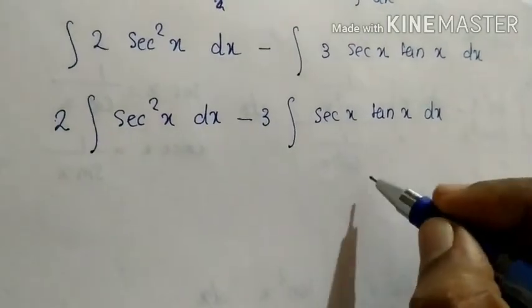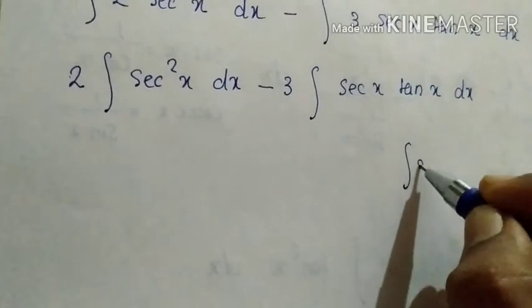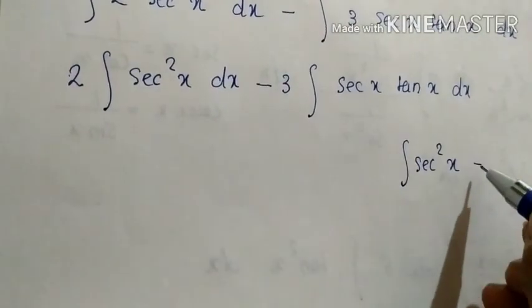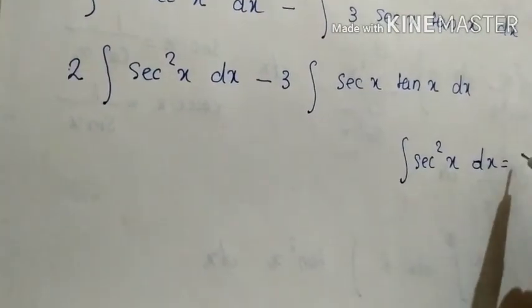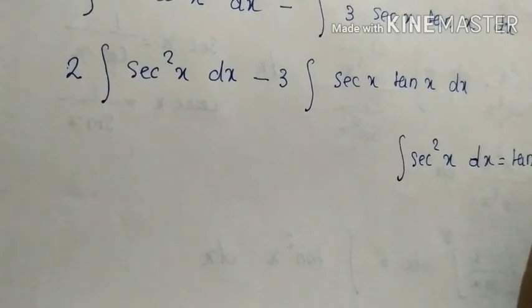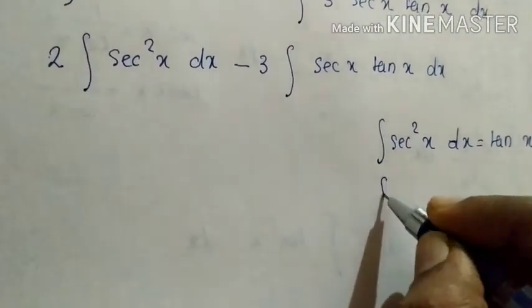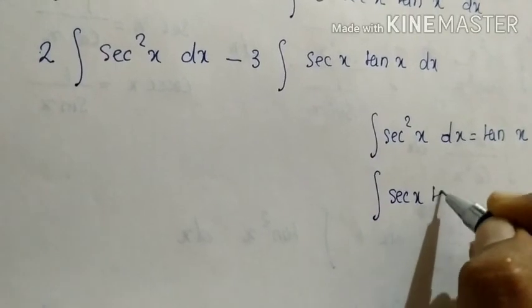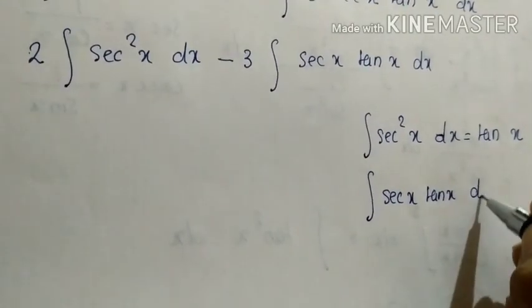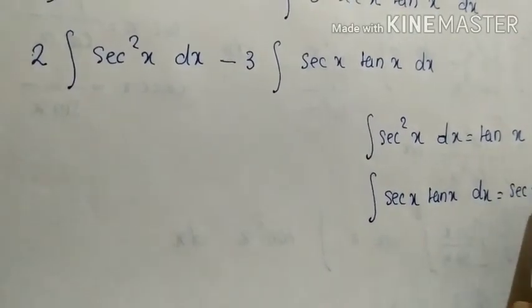Okay, and we know that the standard integral of sec square x dx is equal to tan x, and integral sec x tan x dx is equal to sec x, right?